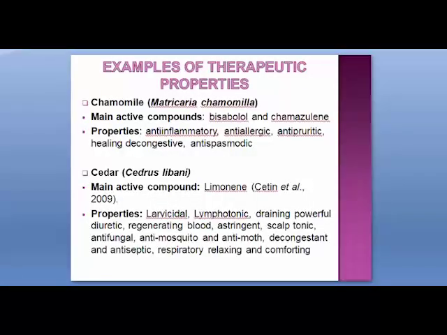So these are some of the things it's good to know. When you are using natural products, especially of essential oil nature, you know that you are not using them in conflict with other chemicals that you are already using. Cedarwood: the main compound is limonene. Okay, so it's important to know.